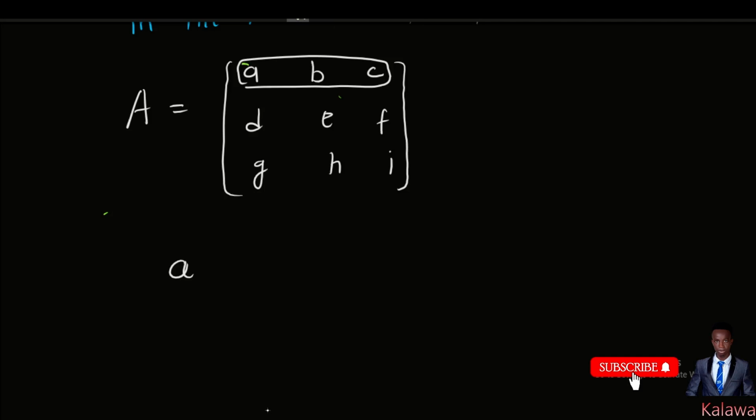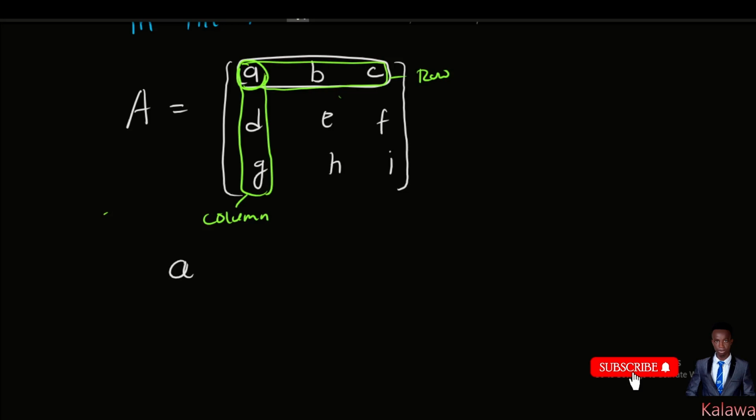In finding the minor of a 3x3 matrix, from the chosen row the first element here is A. From A, we take note of the column in which A is located and the row in which A is located. Once we have determined the row and the column, we take them out.